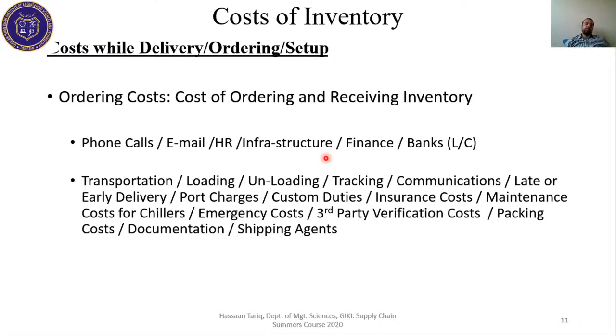Apart from that, the other costs can be your transportation, loading and unloading, tracking cost, your communications, late or early delivery, port charges, custom duties, third-party verification, insurance cost, documentation cost, shipping agents cost, cost for the chillers as well, emergency cost. Obviously, if the stocks run out, you need to bring things in at a much higher pace. So all these costs are associated with ordering your inventory, right?